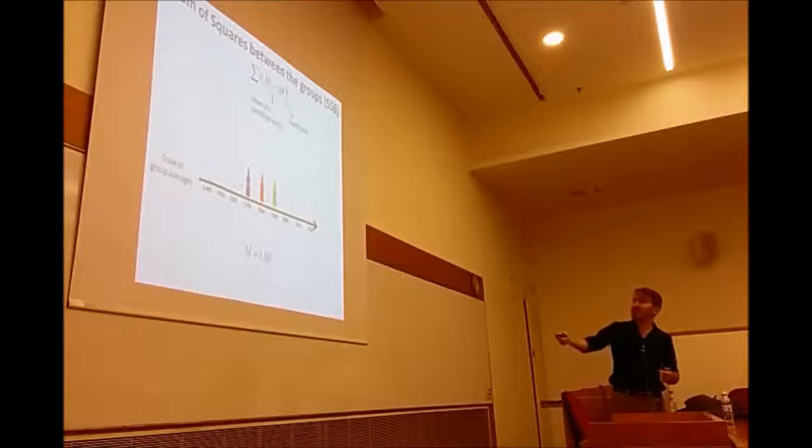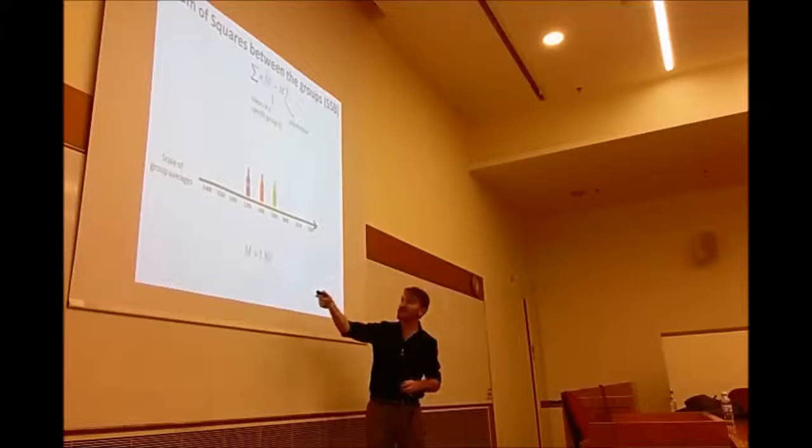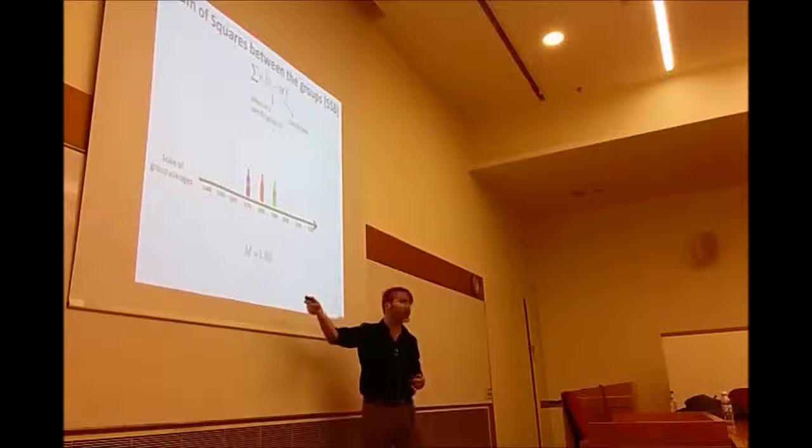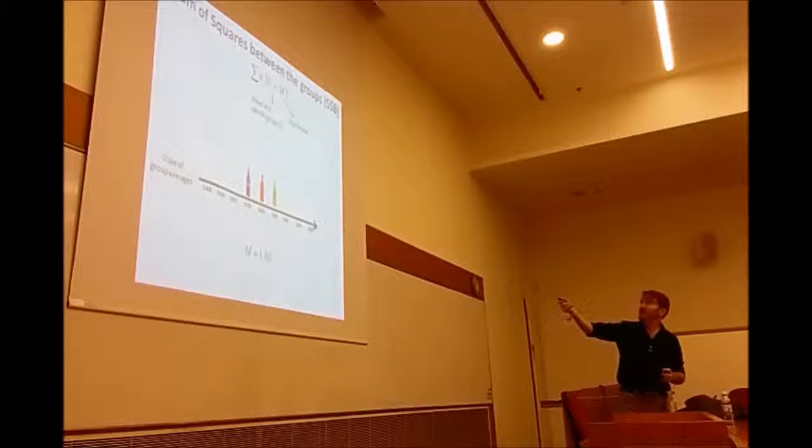I'm going to want to check the differences between them, so I'm going to need the grand mean. Now look, this is not a scale of observations anymore. This is a scale of group averages.